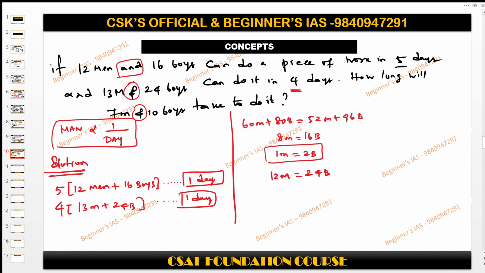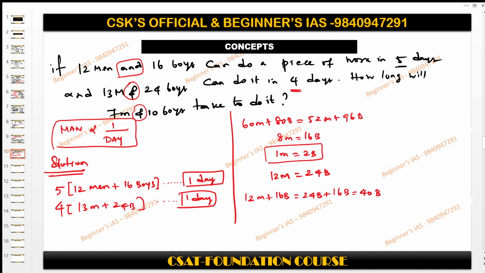So now you can substitute 12m is equal to 24b. Now listen carefully. 12m plus 16b, which is equal to, this can be substituted here. So therefore 24b plus 16b, which is equal to 40b.